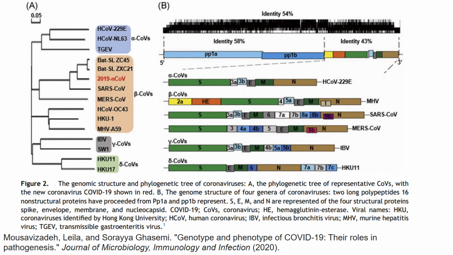That means that, for example, the first part, which is made of these PP1A and PP1B or polyproteins, has an identity of 58%, while the identity of the later part, where most of these other proteins are, is around 43%. And if we now expand this part, which is shown in the bottom of this figure, you see that most of the differences actually lie in this part, right?